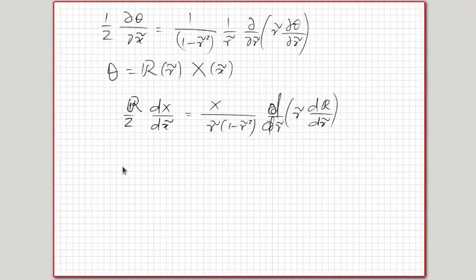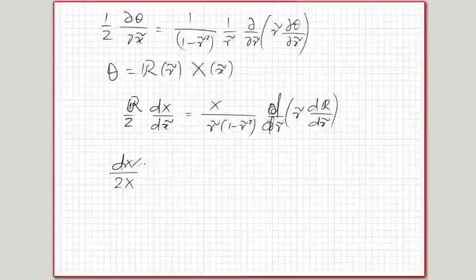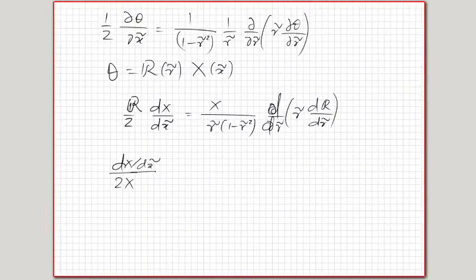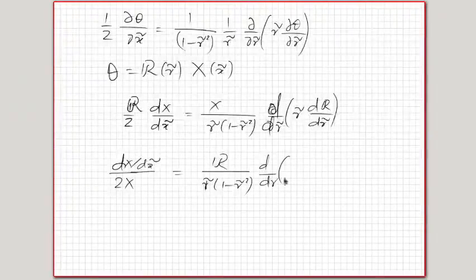So I'll get dX by dx tilde divided by 2X on this side equal to 1 by R r tilde into 1 minus r tilde square into d by dr tilde of r tilde dR by dr tilde.